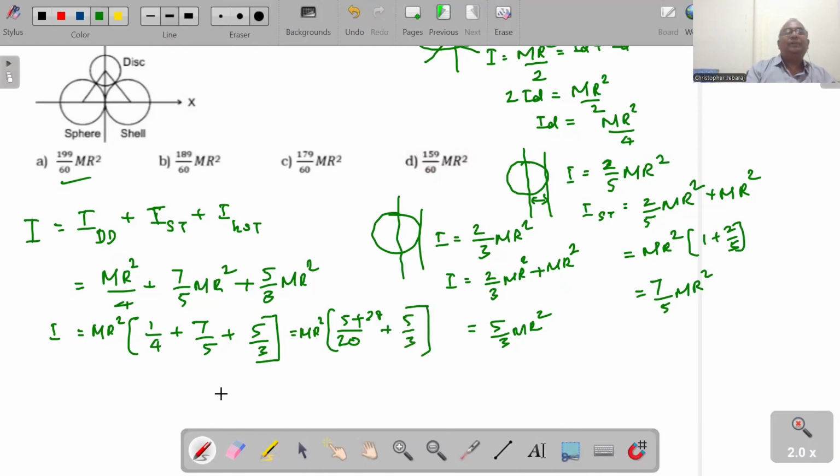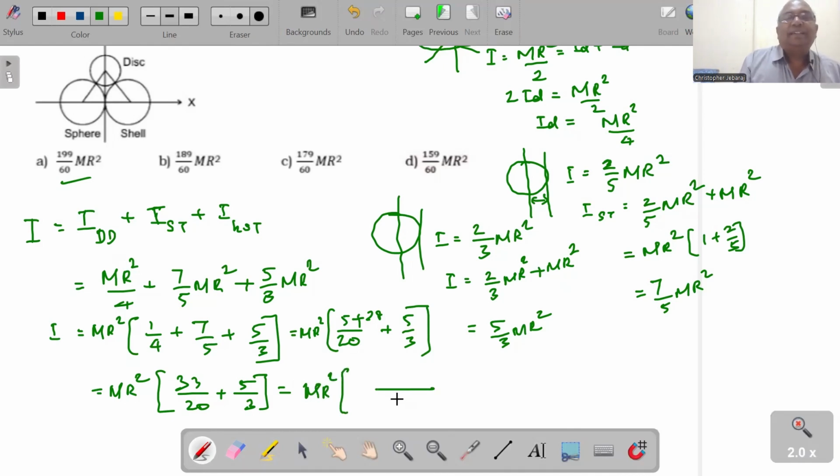Again, this continues as mr squared into 5 plus 28, which is 33, over 20, plus 5 by 3. So it will become mr squared into 60: 3 into 33 is 99, plus 100. The answer will become 199 mr squared by 60.